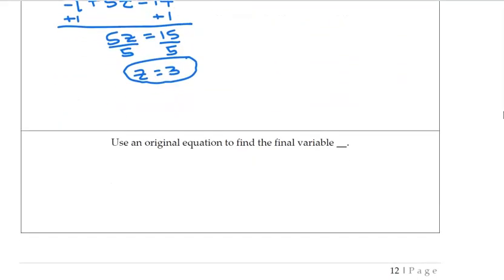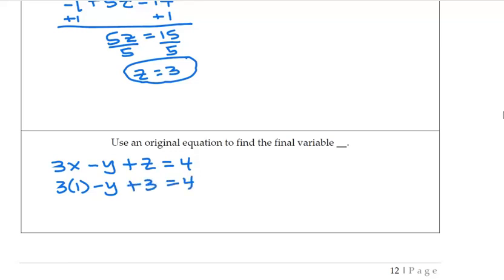I'm going to just use the first equation, which said 3x minus y plus z equals 4. And the things that I found: x was 1, so 3 times 1. I don't know what y is, that's what I'm trying to solve for. And then I found that z equals 3, so I'll plug that in here, plus 3 equals 4. So I got 3 minus y plus 3 equals 4.